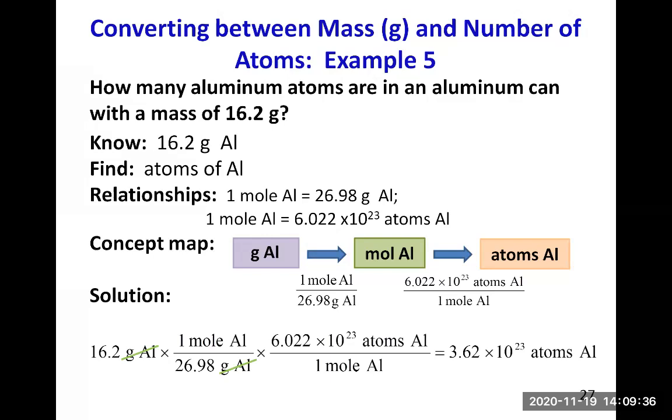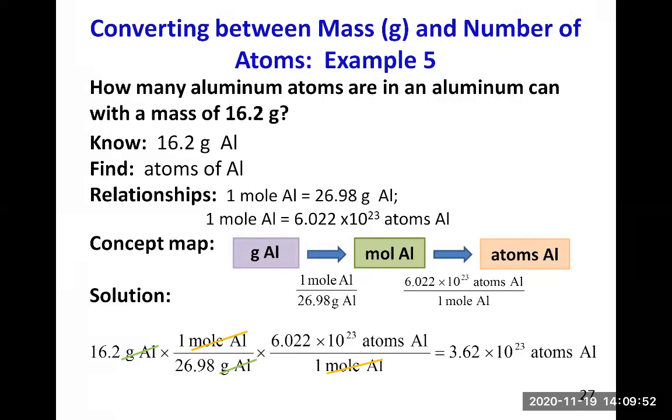Next, the second conversion factor has the moles on the bottom so that we can cancel the units of moles, and we have the Avogadro number of atoms in the numerator. This way, we're left with atoms of aluminum.